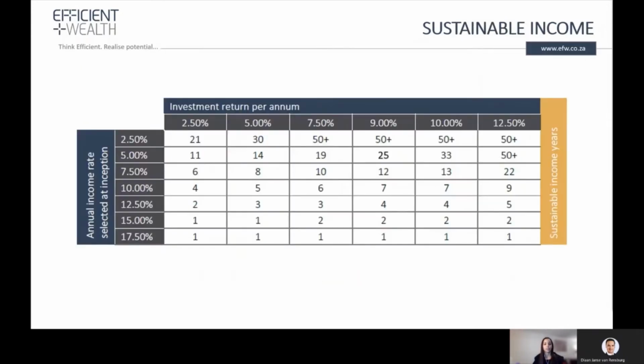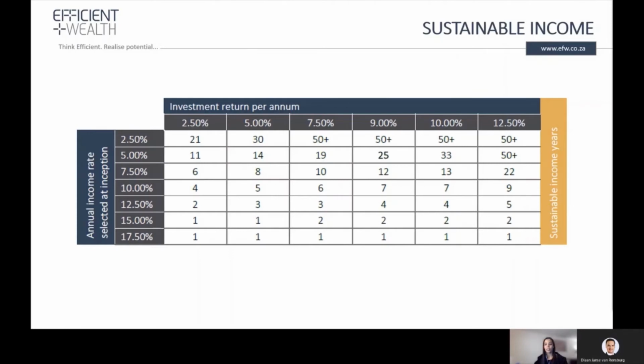It's also important to note that at resignation, the client will pay tax on the withdrawal tables. So let's look at this diagram. This is only a guideline. So this is to ensure that you select an income at a level that would be sustainable for the rest of your life.